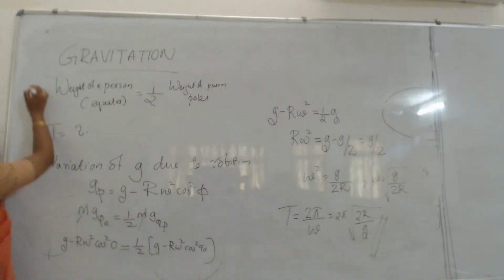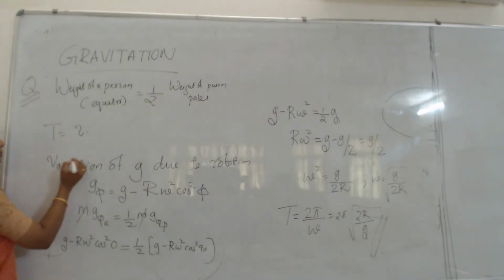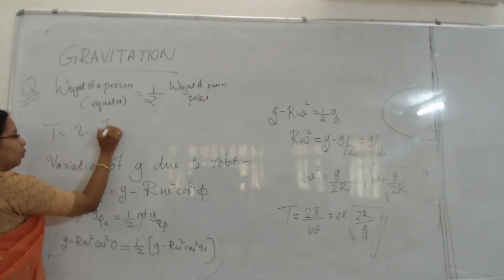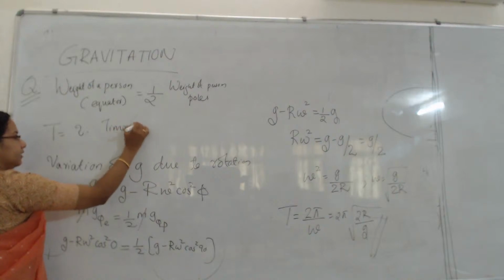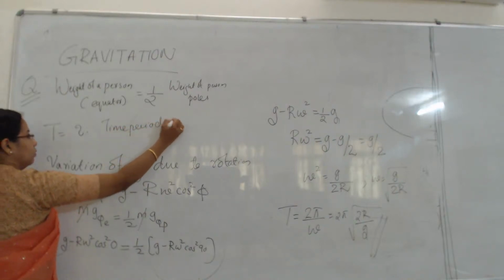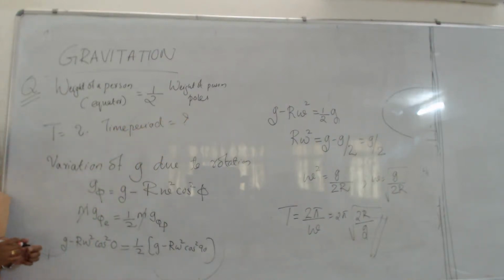Very important question: weight of a person at equator is half of the weight of the person near the poles, then what is the time period? Remember this one: variation of g due to rotation is g phi equals g minus R omega square cos square phi.